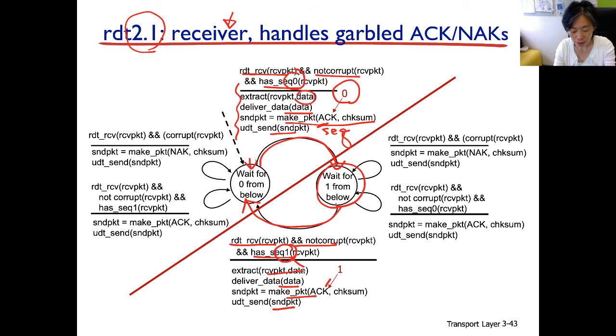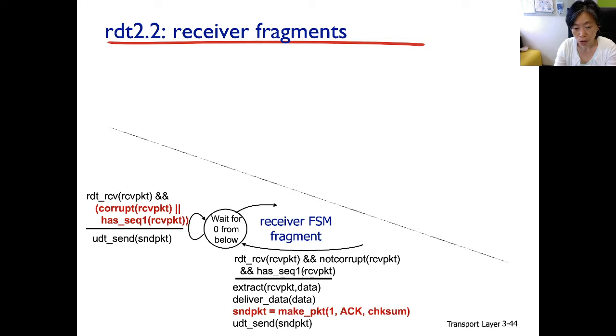So as a result, we could conclude the receiver side of RDT 2.2 should look more like this. I'm ignoring the upper right part of the receiver's finite state machine. So, receiving a packet, not corrupted, carrying sequence number 1, the ACK packet we'll be generating needs to be in the ACK packet format, carrying the checksum. It also carries the sequence number of the data we just received, which is 1 here.